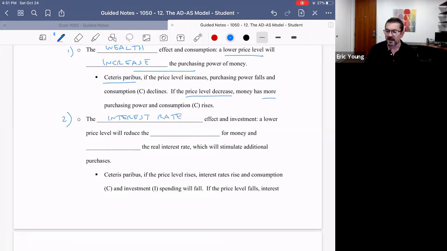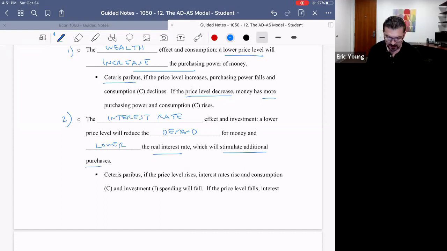The interest rate effect says that a lower price level will reduce the demand for money and therefore lower the real interest rate. A lower price level will reduce the demand for money. That will lower the real interest rate. And as you know, lower interest rates will stimulate additional purchases.